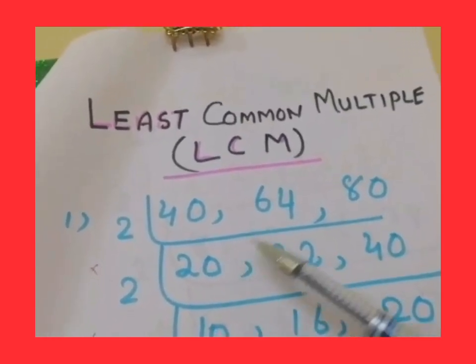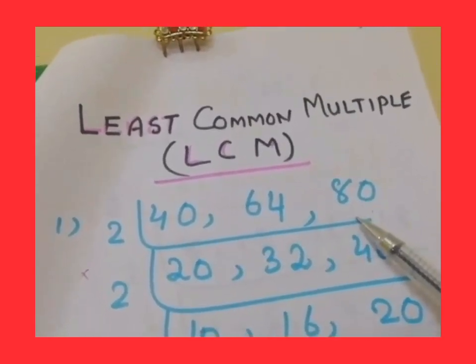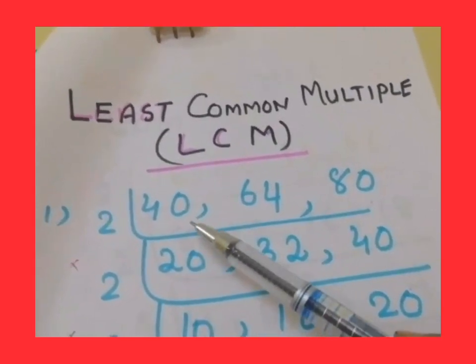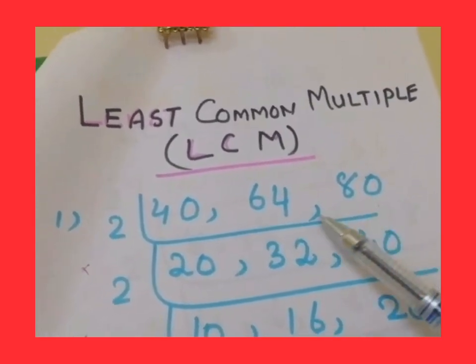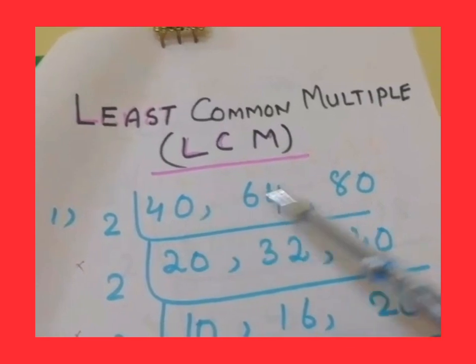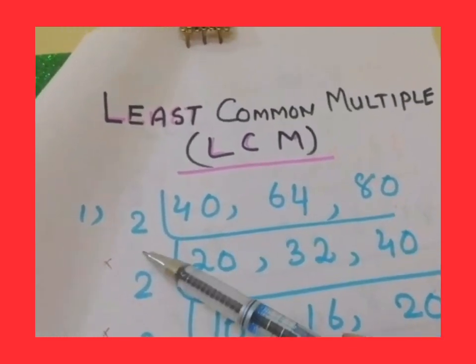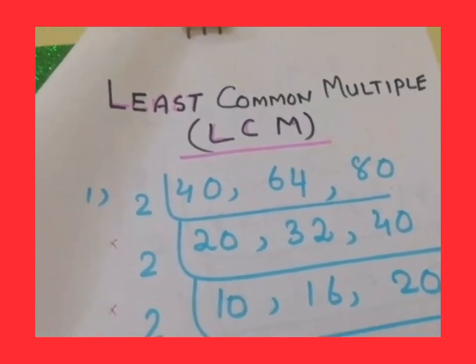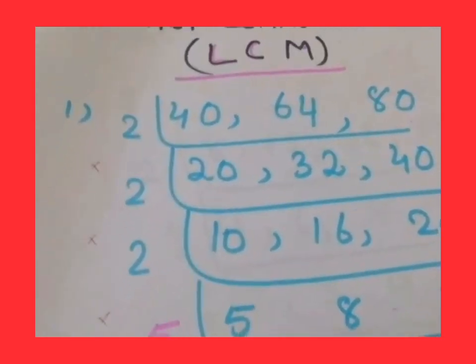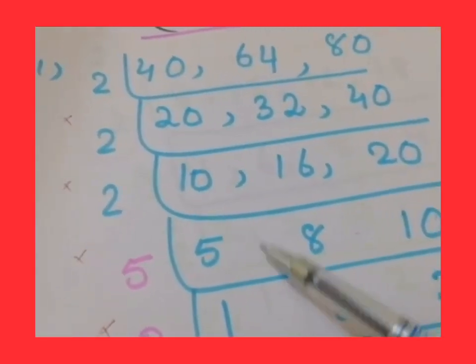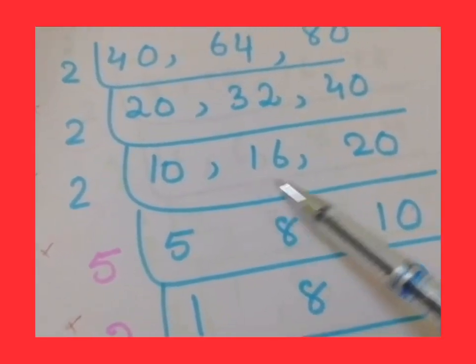If you are getting a common factor for any 2, you can take that outside. But here in 40, 64 and 80, you are getting a common factor for all the 3. So you can take that 2 outside. Again in the second step also 2 is a common factor for all, and in the third step also 2 is a common factor for all.